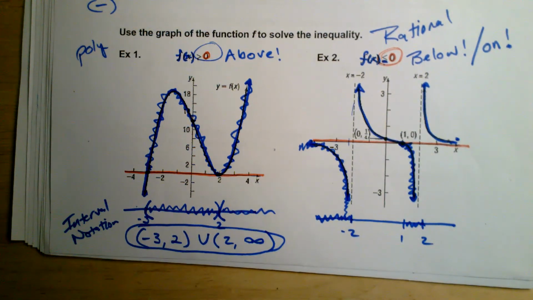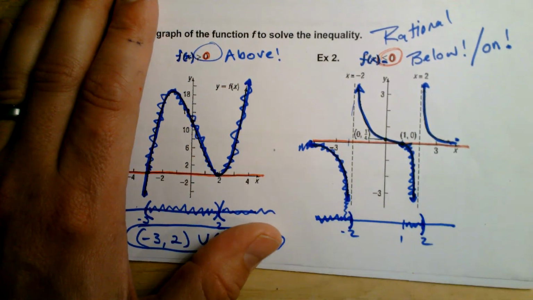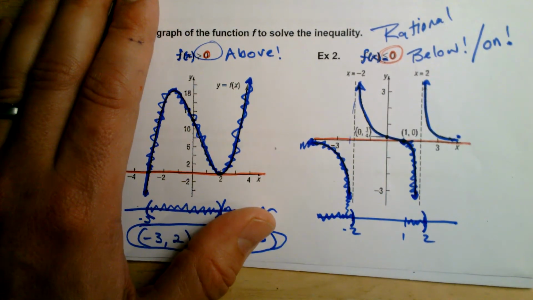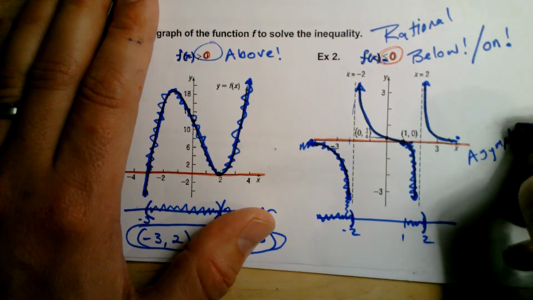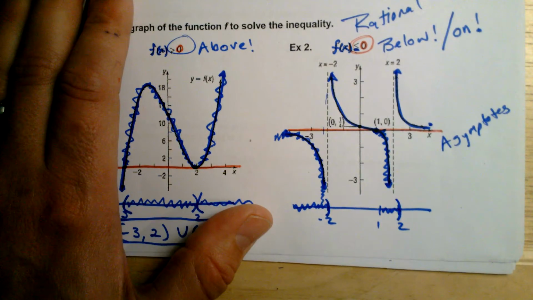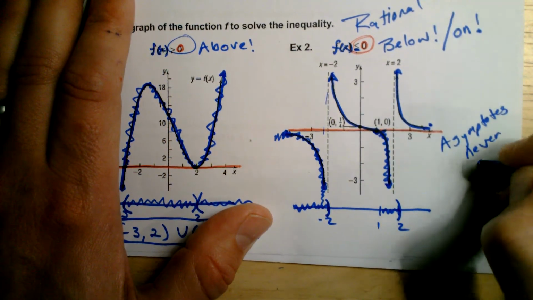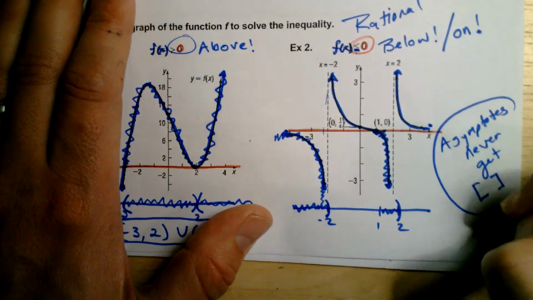You can't have that equal to -2 or 2 because that is an asymptote. That is a restriction in our domain. So when I look at this, 2 and -2 get parentheses. Okay? And that's because those are asymptotes. So asymptotes, those undefined values, never, ever get brackets. They always have to be parentheses.